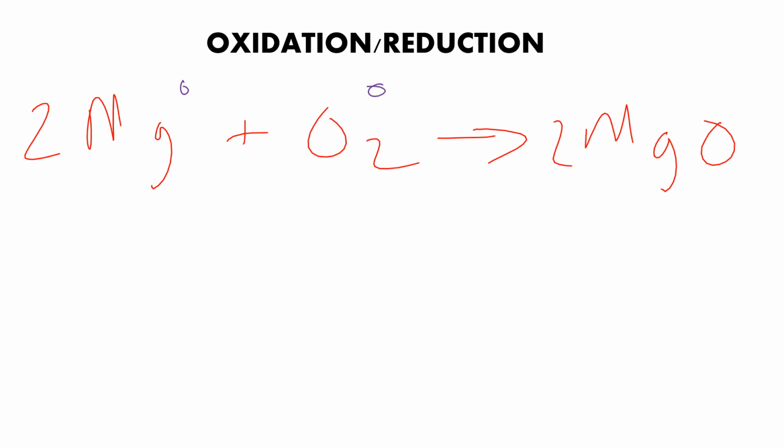So oxygen, magnesium, both have zero oxidation numbers. But ionic compounds, it's very easy to figure out the oxidation number of the elements in those compounds. They are simply the charge on the ions. So magnesium +2, oxygen, oxide, -2.